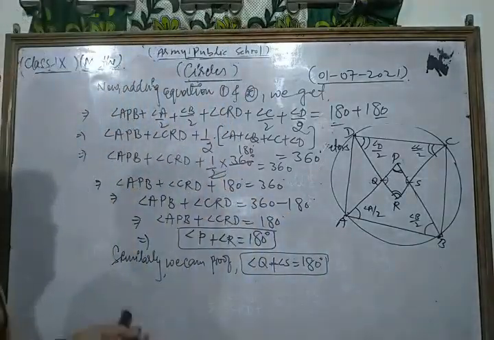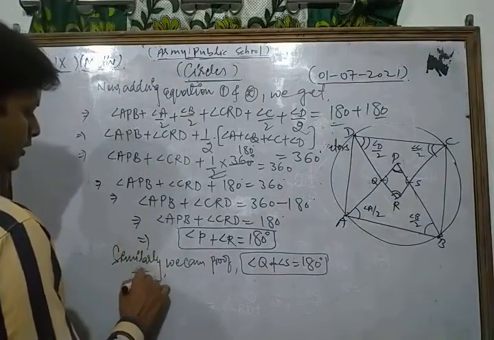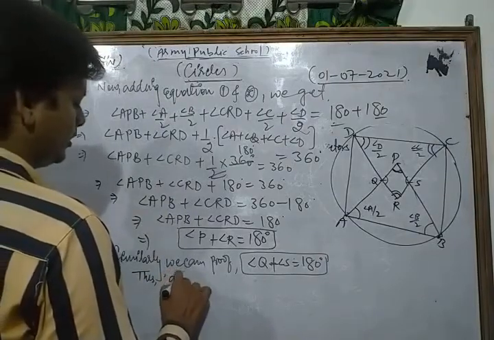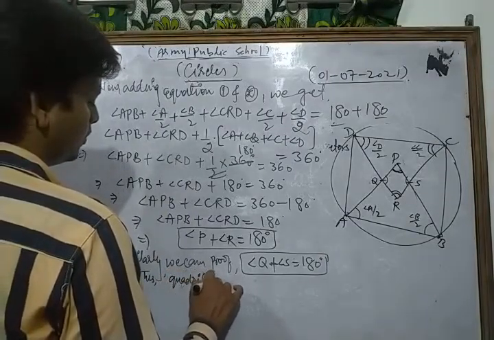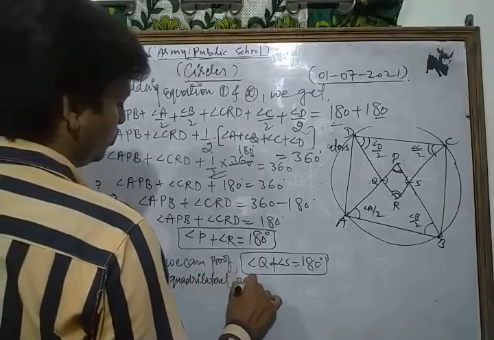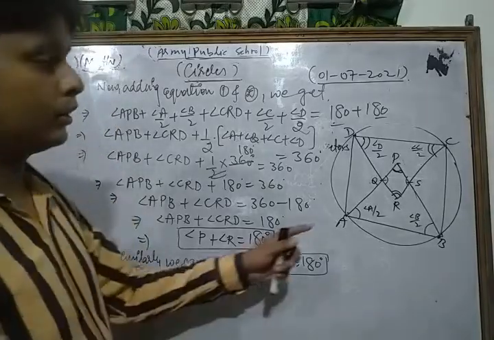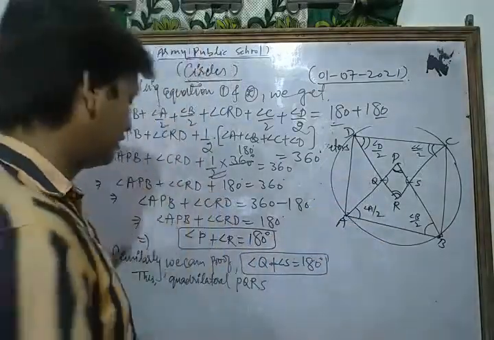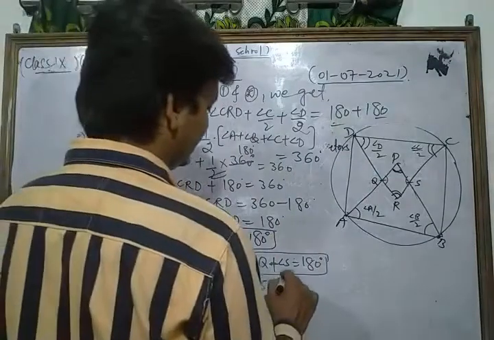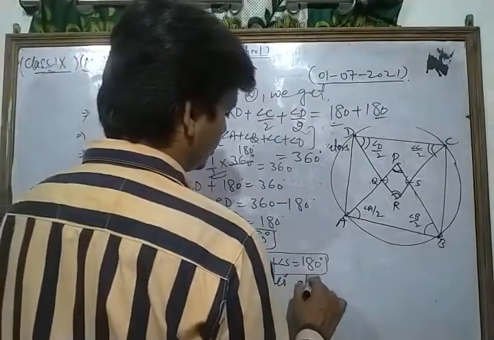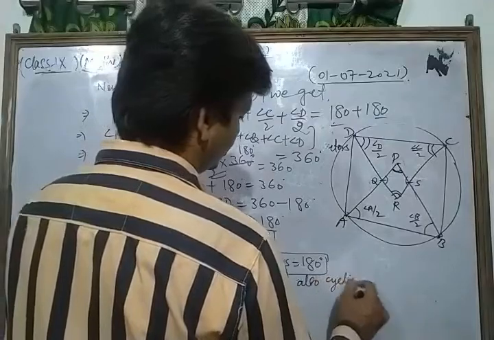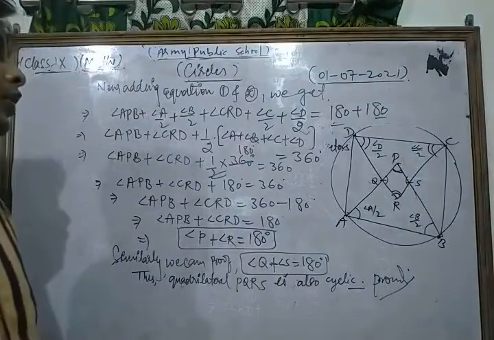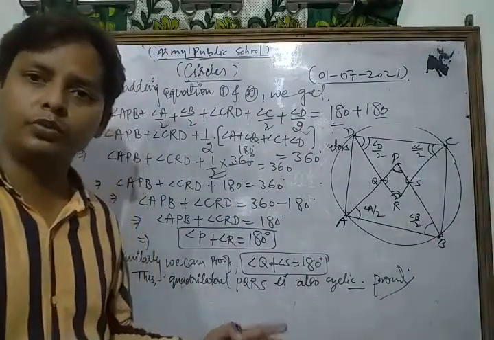Thus, dear students, quadrilateral PQRS, the quadrilateral formed by the help of angle bisectors of that cyclic quadrilateral, is also cyclic. Hence proved. So dear students, this is the method to prove that theorem.